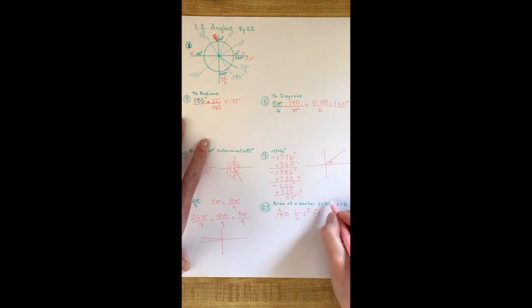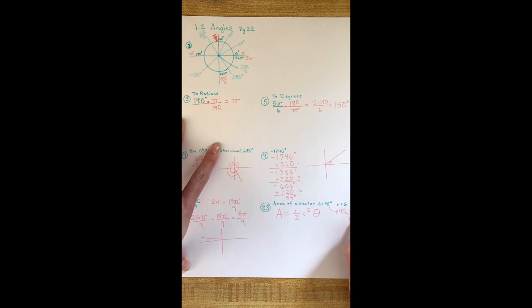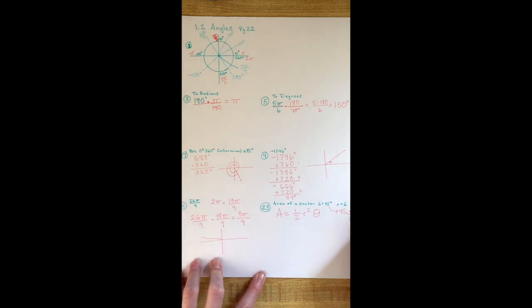So we're going to have to change this 45 degrees into radians. So if we simplify 45 over 180, we should get pi over 4.